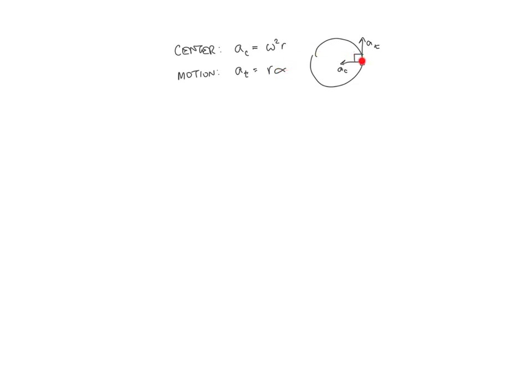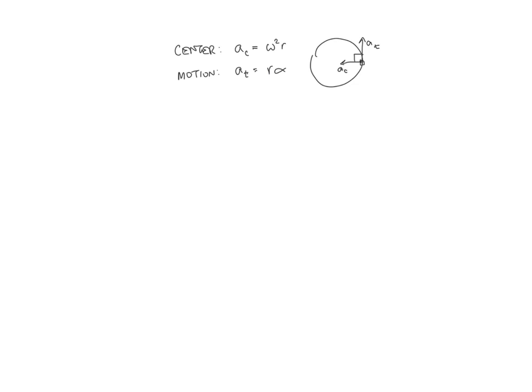So at 10 seconds, this arrow no longer exists, and the only acceleration is the AC, the centripetal acceleration. So the answer is primarily toward the center, because it's entirely toward the center.